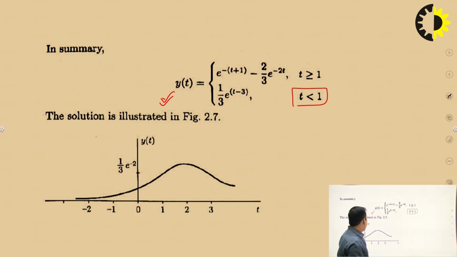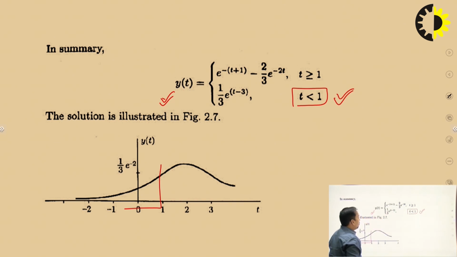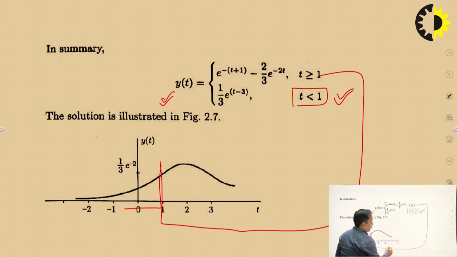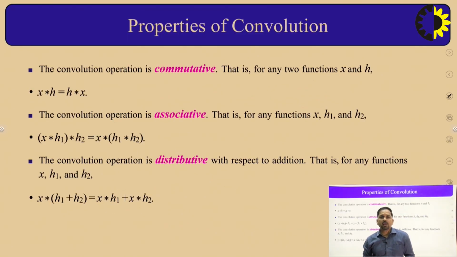When t is less than 1, the response is calculated or plotted as per this equation, and whenever t is greater than 1, the response comes from this particular equation. So this is a proper way of computing the response of an LTI system with the help of an operator called convolution. Now we have certain properties of convolution.